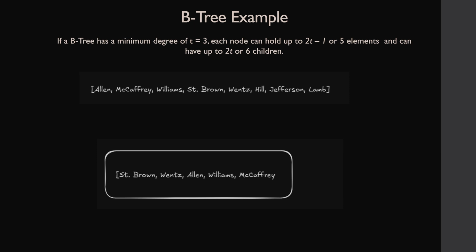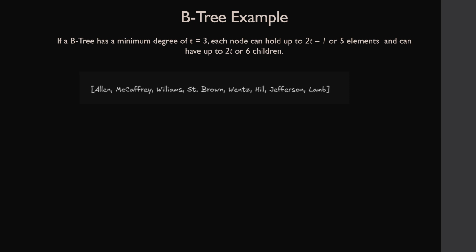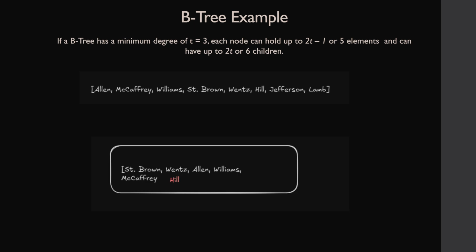So when we try to insert the next player, which is Tyreek Hill, the node already has 5 elements, so it is already at its max capacity, and trying to insert a new element into the node would ultimately trigger a split.